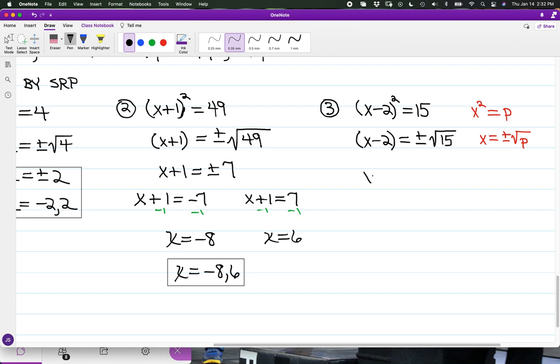So right now we have x minus 2 is equal to plus or minus the square root of 15. If you notice, I'm still solving for x, but I'm going to give you a compact notation.